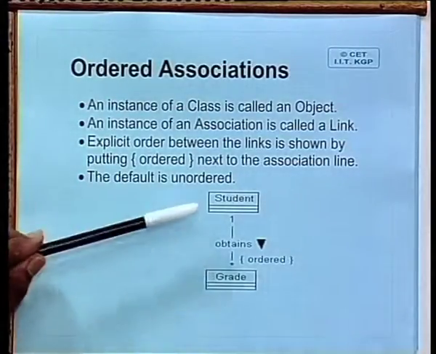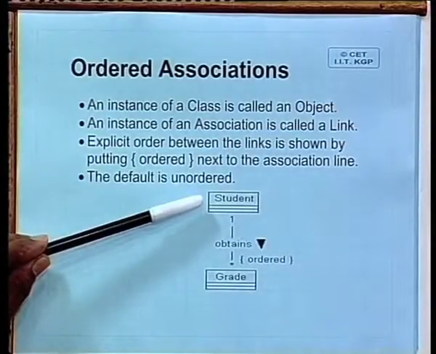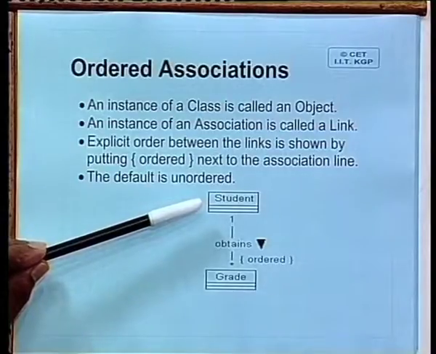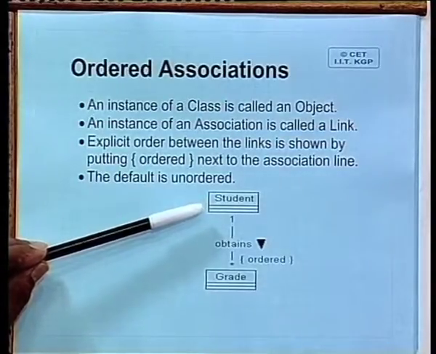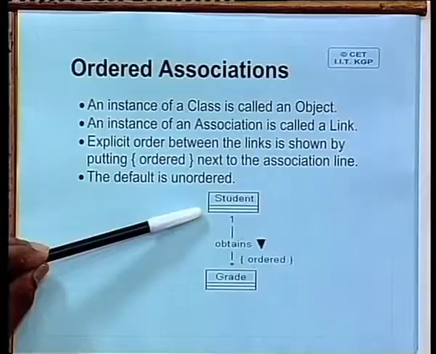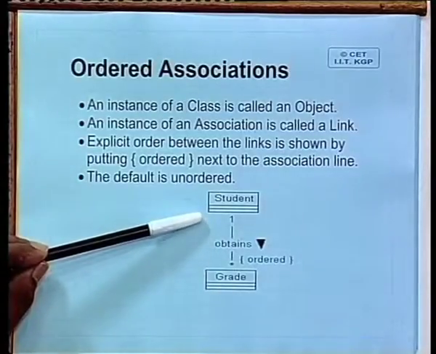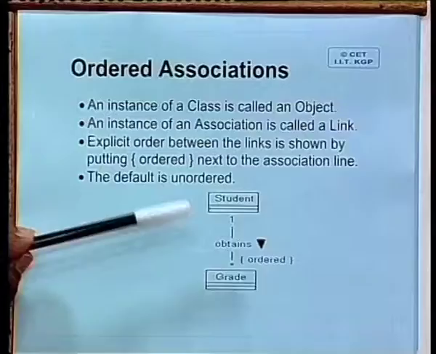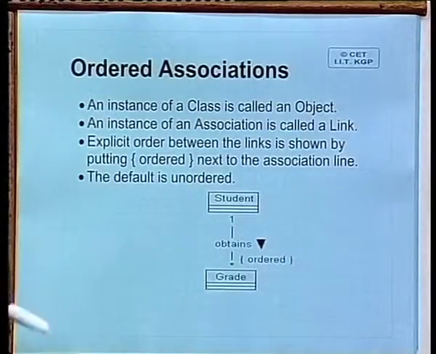Suppose there are 4 subjects, the 4 subject grades are available, but which 4 grades belong to a given student? So they have to be kept in an ordered manner. If you simply sort these grades, then everything will be haywire. This is why the ordered associations are important.